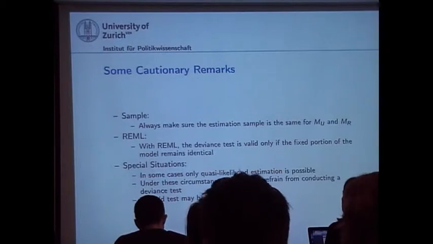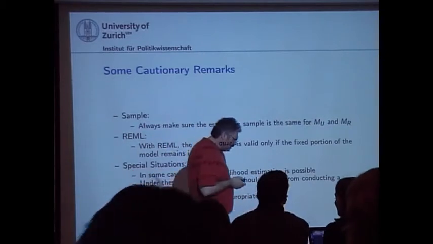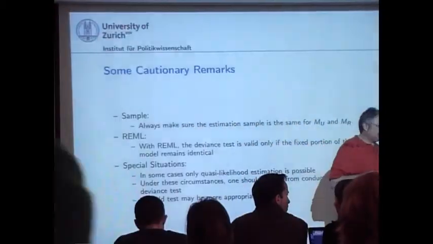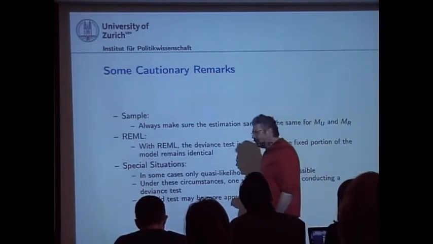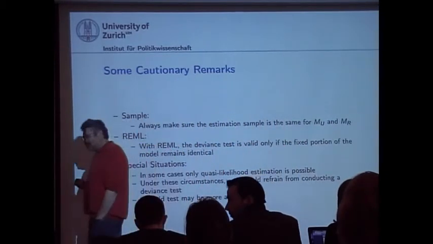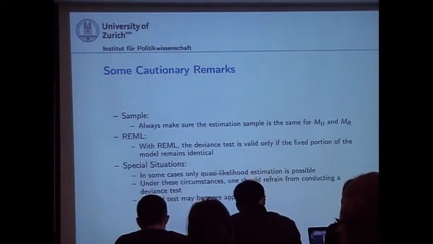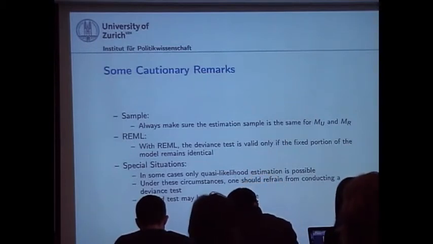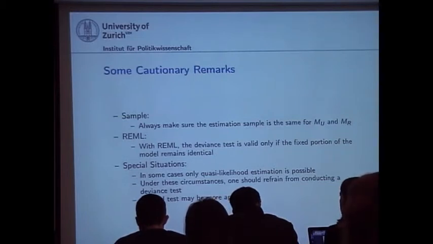There are some special situations that could occur in really specialized survey situations where the likelihood function that you obtain using Stata is what is known as a quasi-likelihood function. Quasi-likelihood functions are not really likelihood functions. They're sort of approximations of the likelihood. Then you should not do a likelihood ratio test.